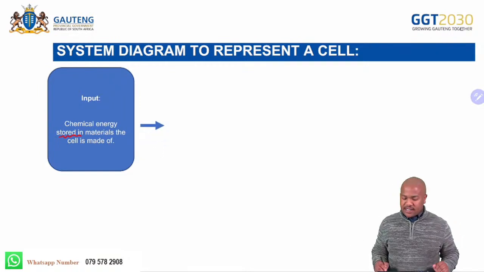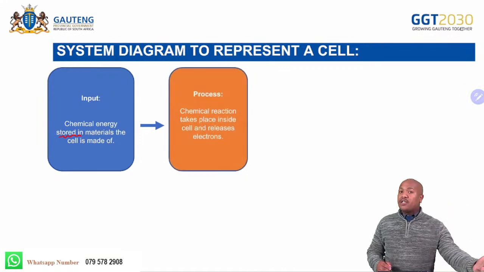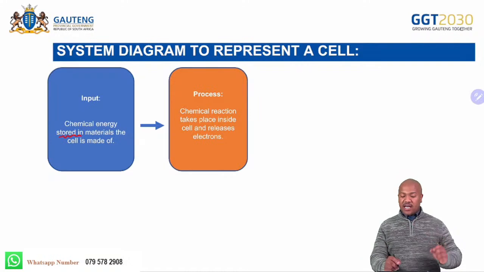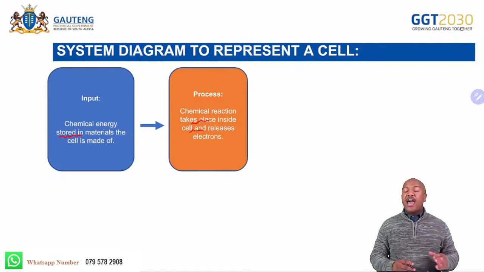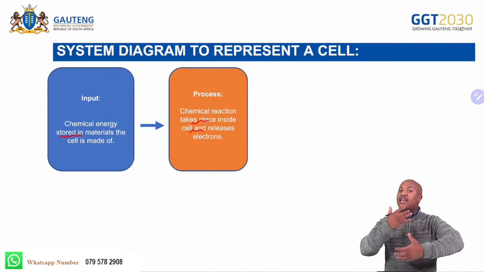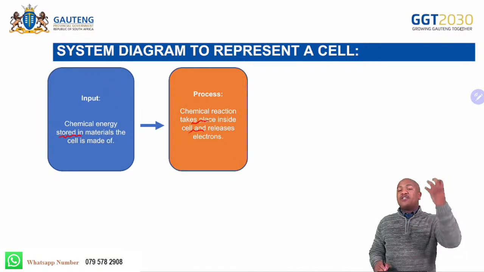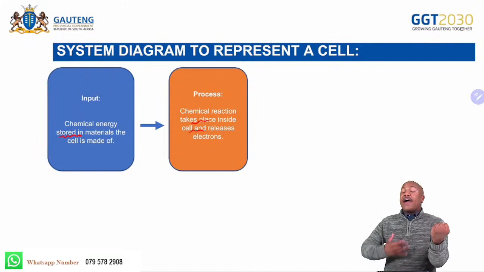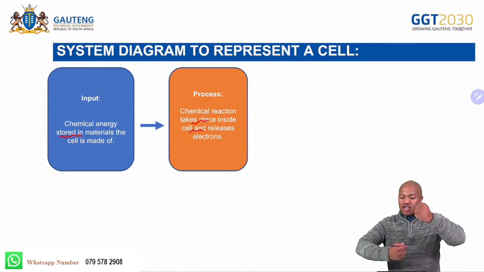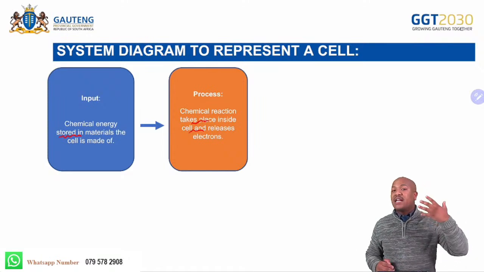And now, what is the process? The input goes to the process. The process is that chemical reactions take place inside the cell and release what? Electrons. That's the process that is happening inside a cell. We have this stored potential energy, and the process is a chemical reaction where electrons are moving and being released, right?